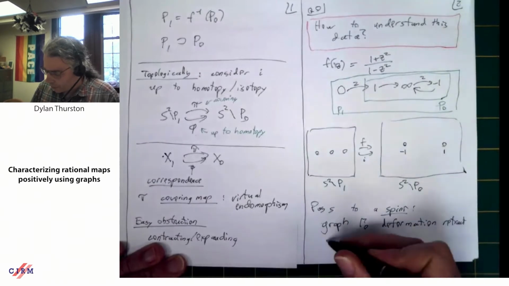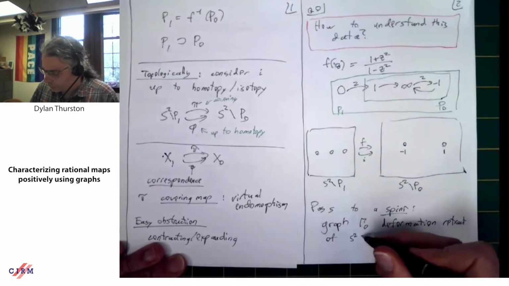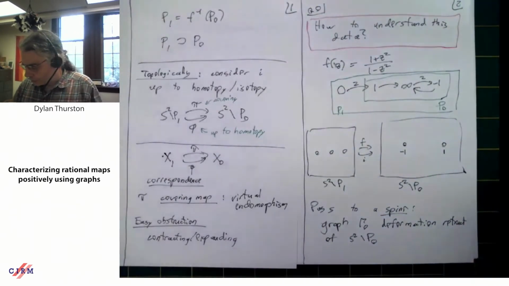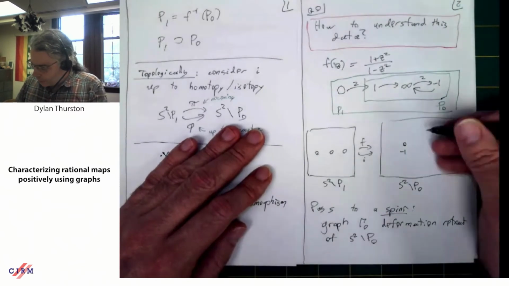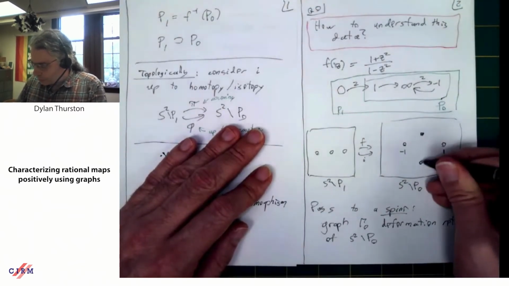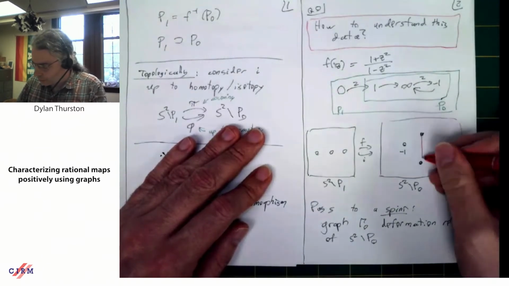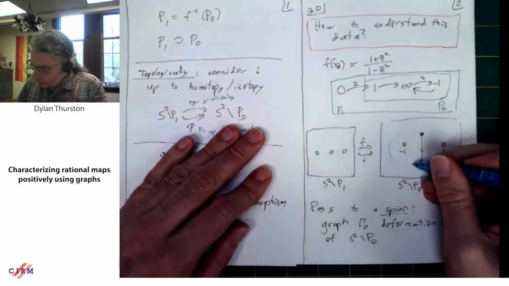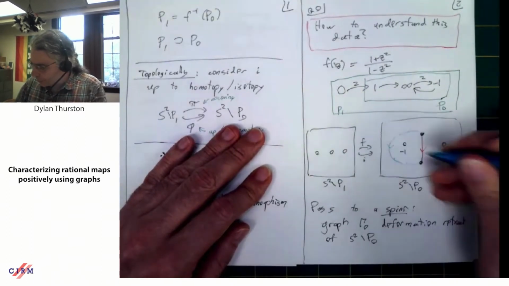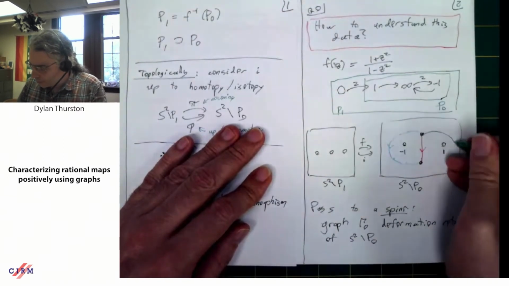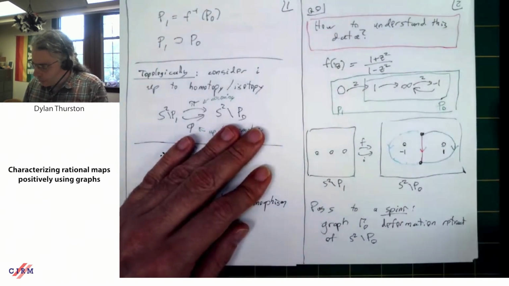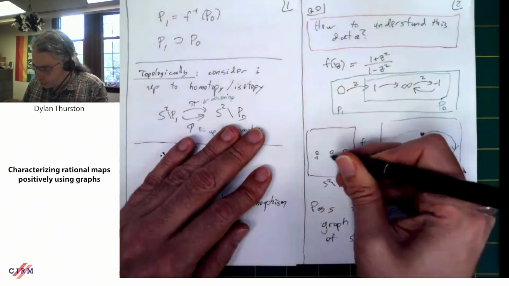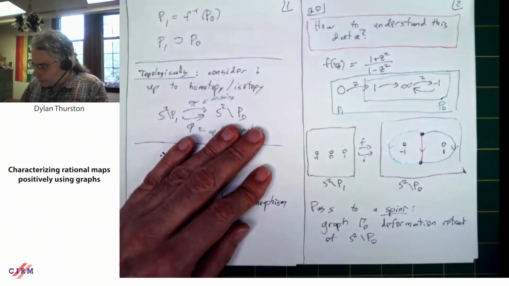Punctured surfaces have particular simple homotopy types. Their fundamental group is a free group. And so they can be modeled by one-dimensional CW complexes. And so I want to take this graph in here. And now I look at its inverse image, and the inverse image is punctured at -1, 0, 1, and still infinity.